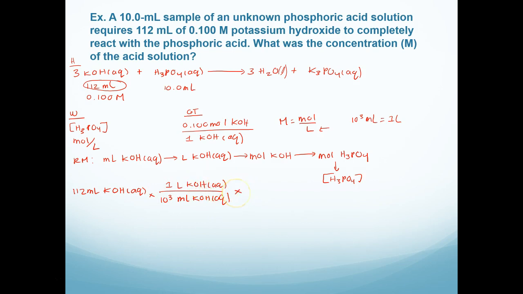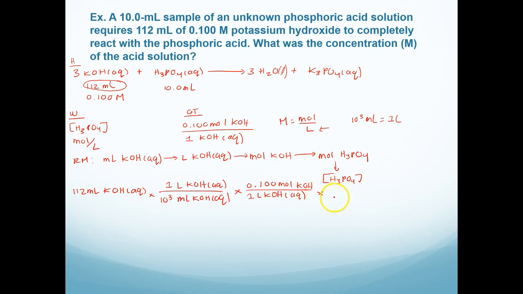And from there, if we follow our roadmap, we can go to moles. So we want liters on the bottom, 1 liter of this potassium hydroxide solution. And on top, we want our concentration, which is 0.100 moles of potassium hydroxide. Sorry, it's a little bit slanted.